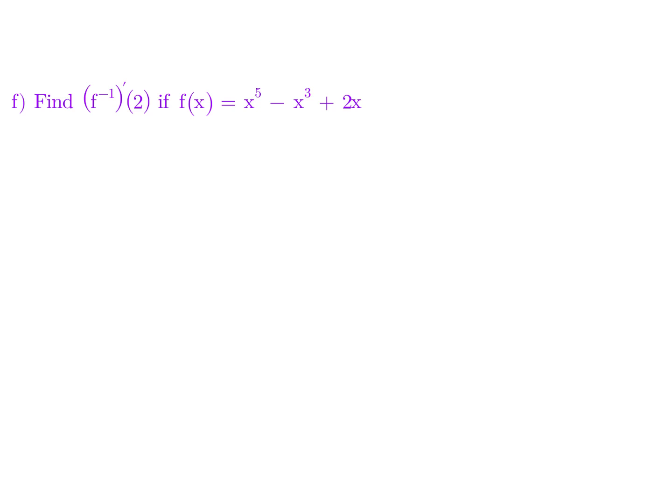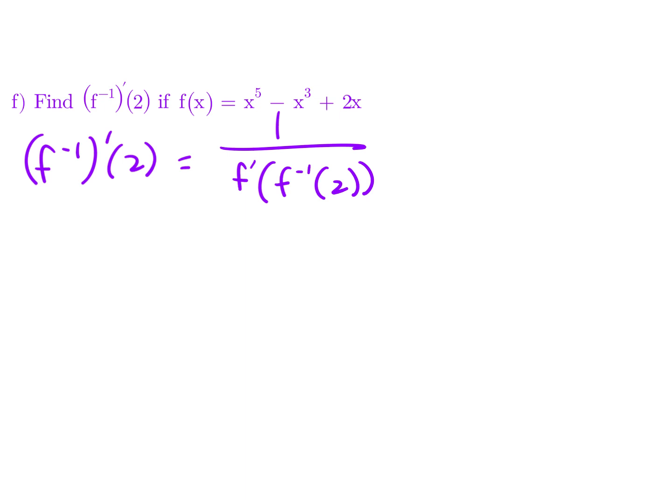And so one of the things that you're going to have to do on problems like this, again, we're talking about this is my formula, right? In order for us to find what we're looking for, we also have to find what the function is at 2. And for the inverse, this is actually the y for the function.